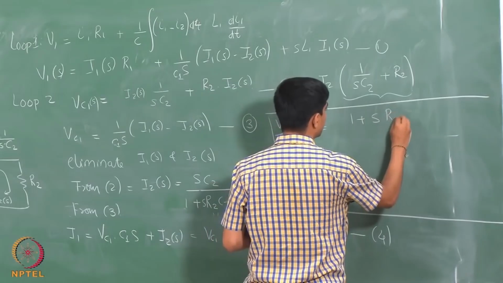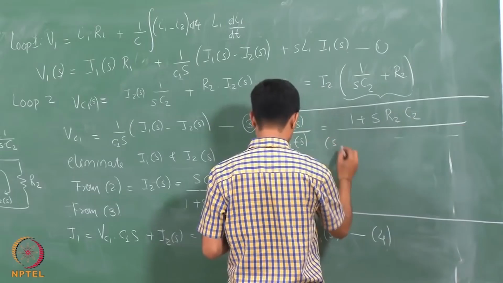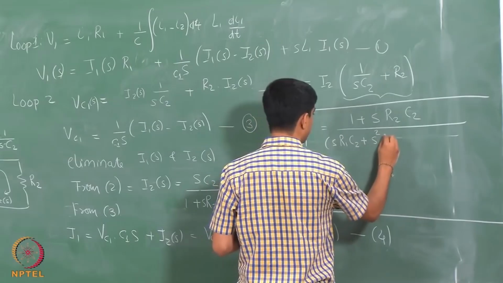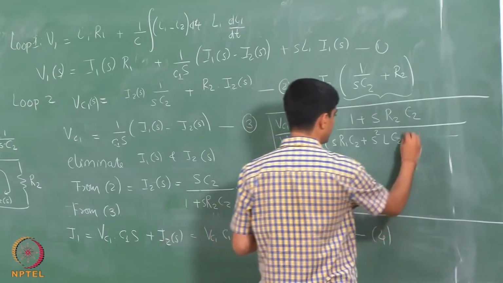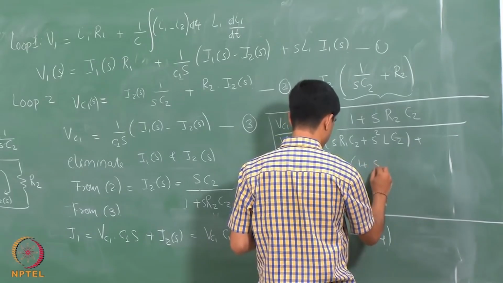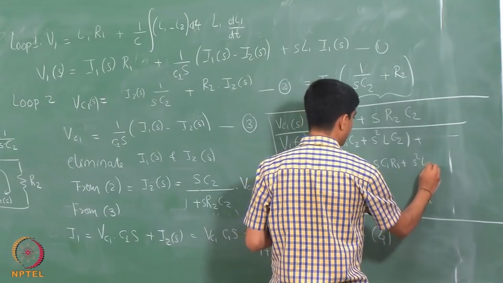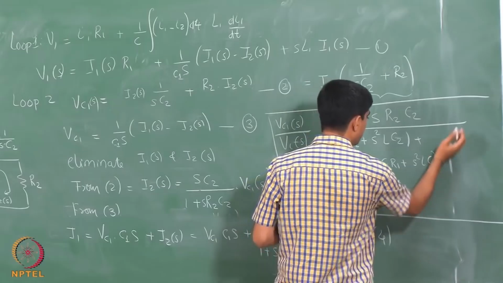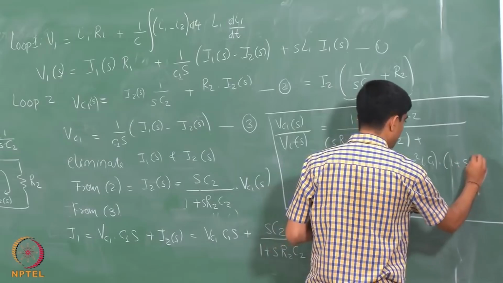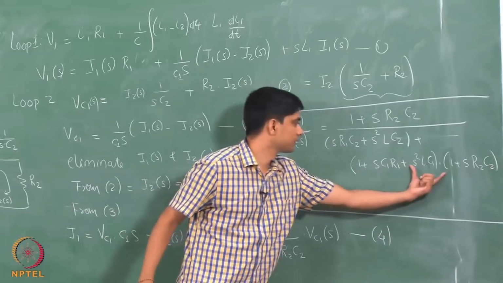S R2 C2 over S R1 C2 plus S squared L C2 plus 1 plus S C1 R1 plus S squared L C1, this multiplied by 1 plus S R2 C2. Right. So, all this is in the denominator, and is multiplied here.